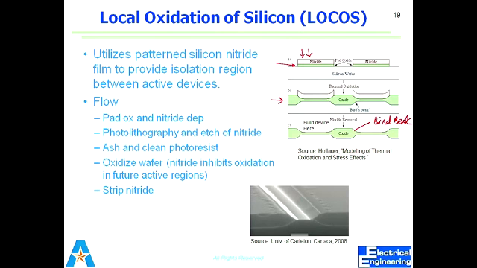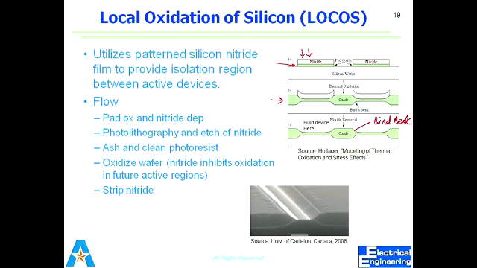So when you remove the nitride layer, you will see that you have this shape, and we call it a bird's beak, because it's like a bird's beak. It encroaches under the nitride layer.